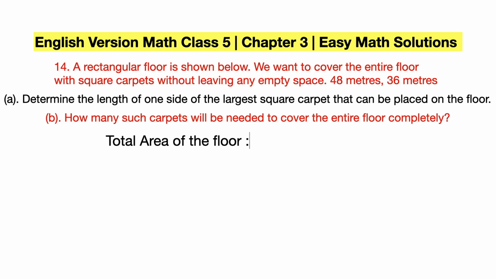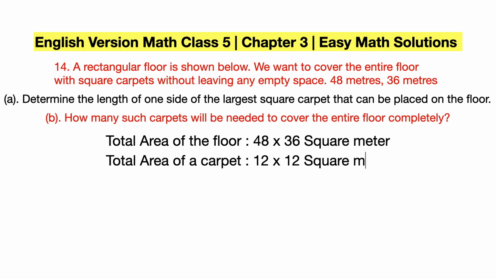The area of the entire floor is 48 times 36 square meters. Here the unit is square meters, because if we multiply length meters by meters, here 48 meters and 36 meters, both meters multiplied make square meters.